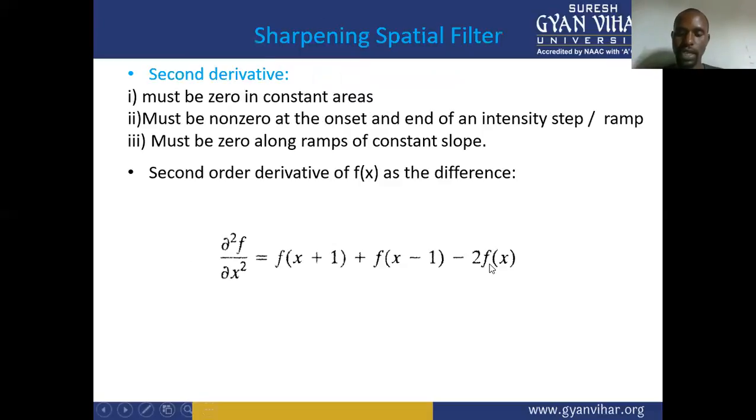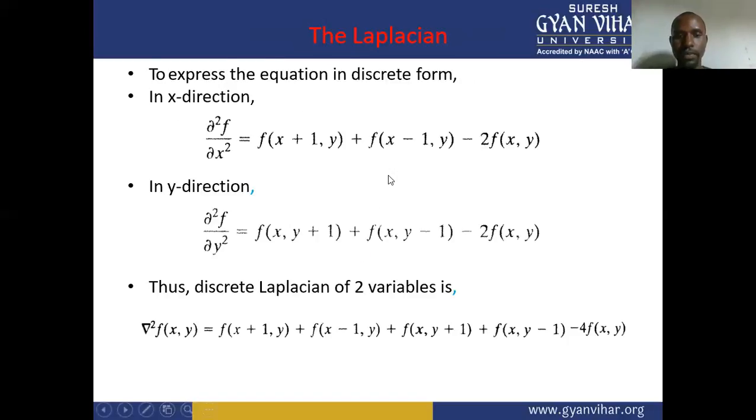This is the second derivative equation in the x-axis, which is shown here, and in the y-axis, shown here. The difference that occurs is that we add y, so we mention both f of x, y plus 1.